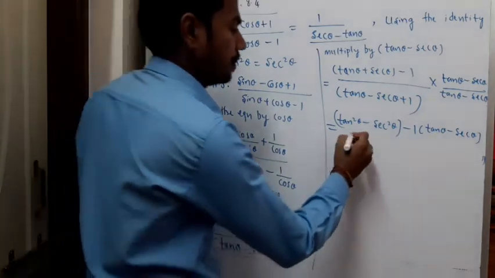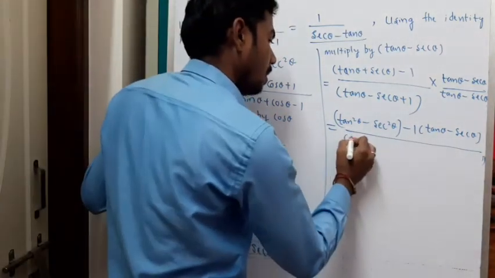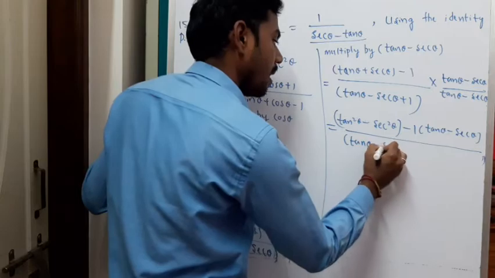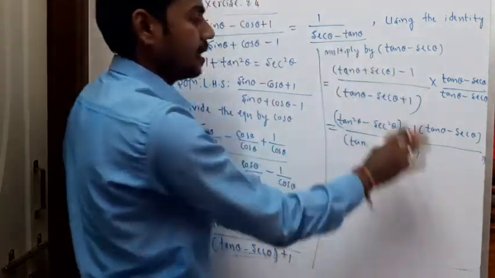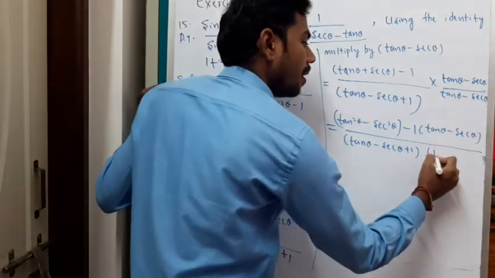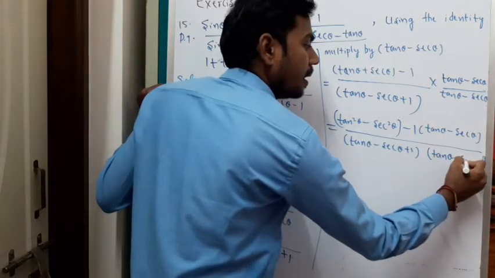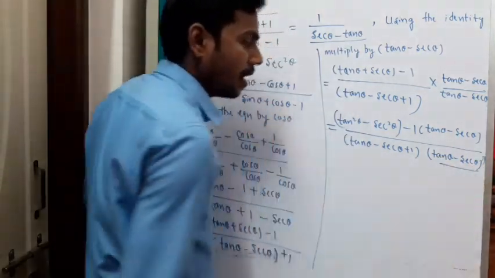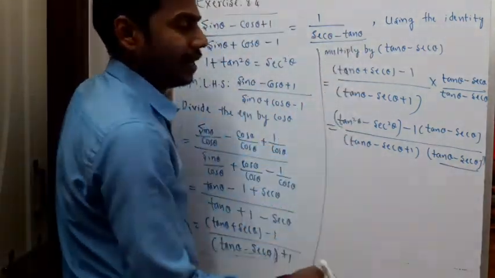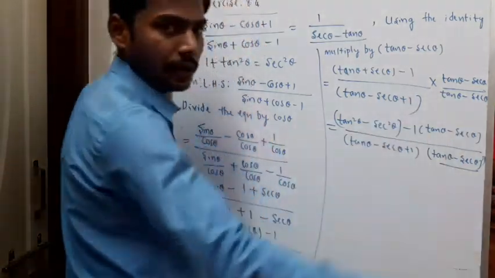Next, in the denominator, I need tan theta minus secant theta, so I will retain tan theta minus secant theta plus 1 as it is. But the way in which they are, we need a slight modification. We will do it later.